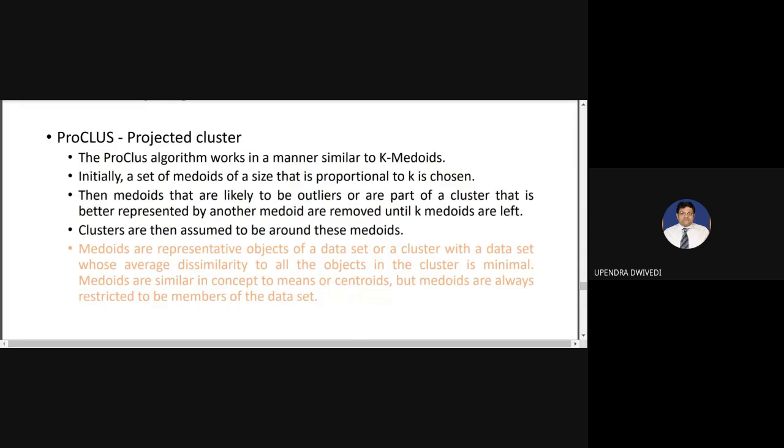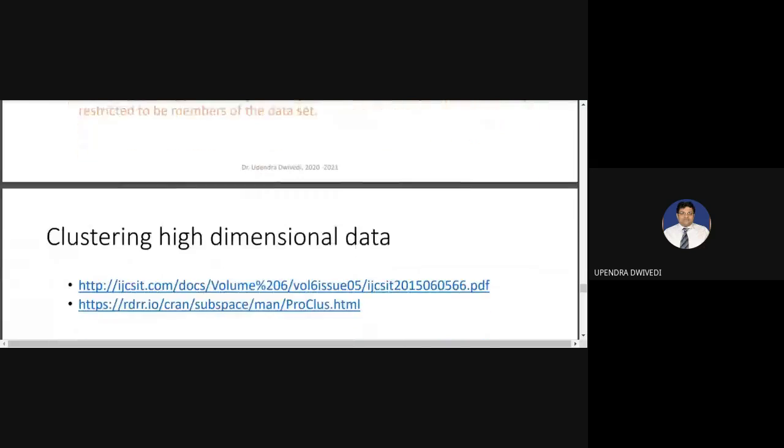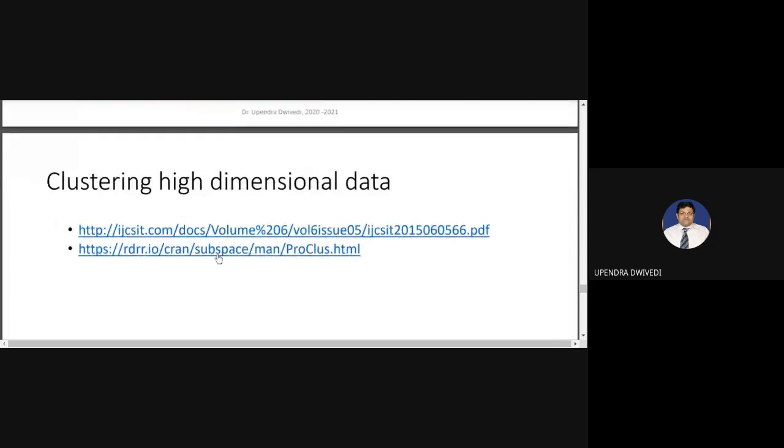After selecting the medoids, we check whether a particular medoid is an outlier or part of a cluster. If it is part of a cluster, it is included in the cluster. If it is an outlier and does not satisfy the properties of the cluster, it is removed from the cluster. I suggest you go through this link and further study PROCLUS and so on.